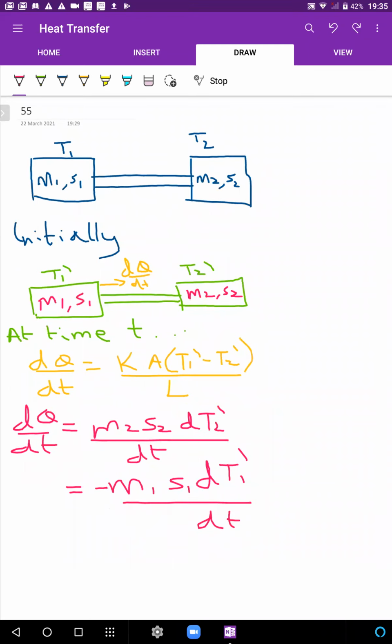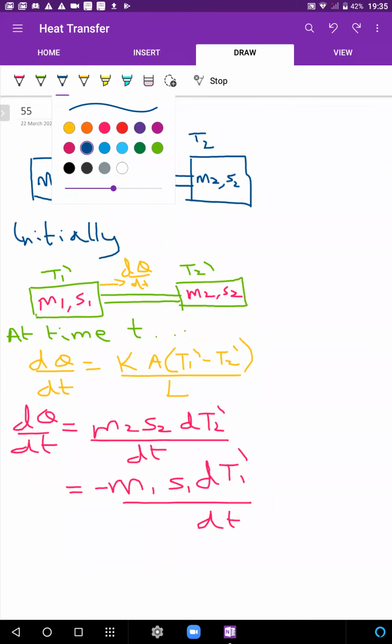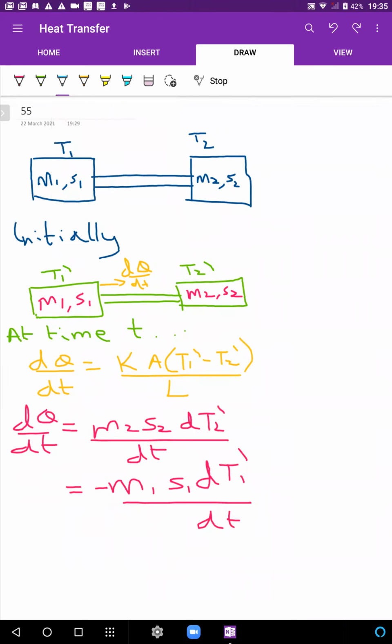Since dq by dt is both these things, अब यहाँ पे थोड़ा एक mathematical trick रहेगा. This was the tricky part. All right, but you can remember this in case a question like this comes. dq by dt could be written in terms of T2 dash, could be written in terms of T1 dash, in fact minus T1 dash to be specific. But since this term is T1 minus T2, why don't we write dq by dt in terms of both of them?